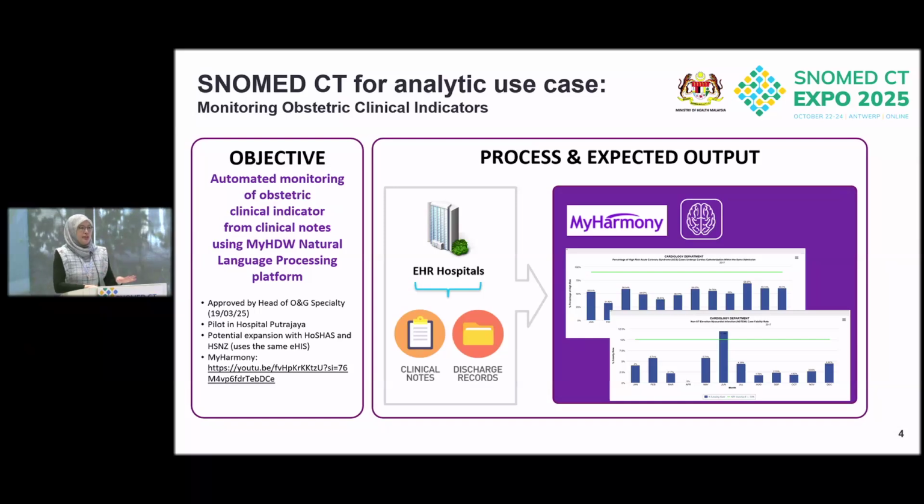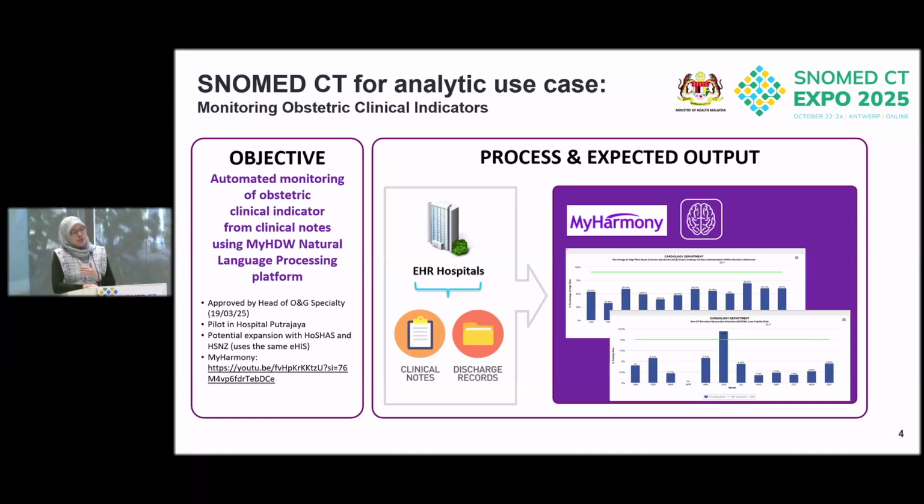Our aim is obstetric clinical indicators. So the idea when we sell it to them is to automate their monitoring of obstetric clinical indicators from the clinical notes using MyHW, or MyHarmony, basically a natural language processing platform. And these are the processes that we do.